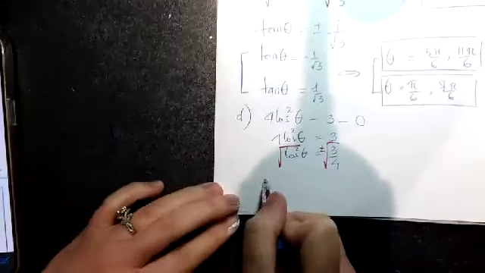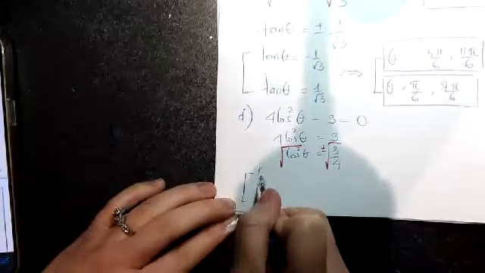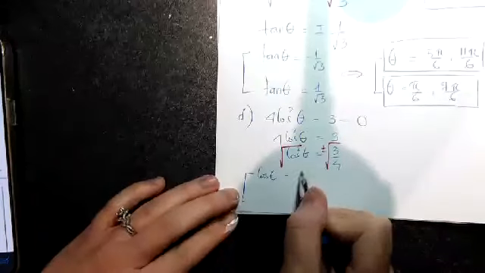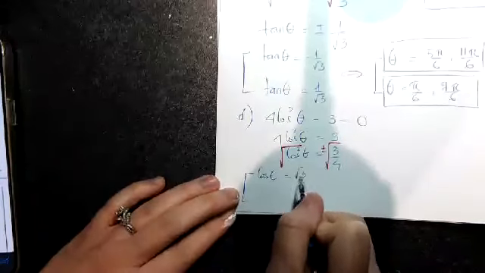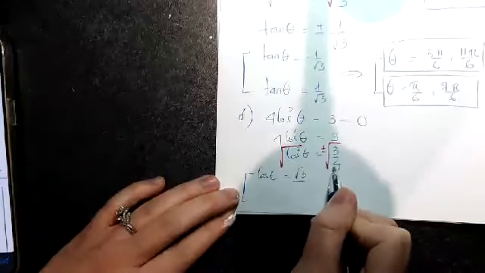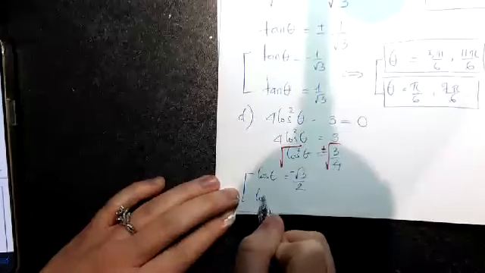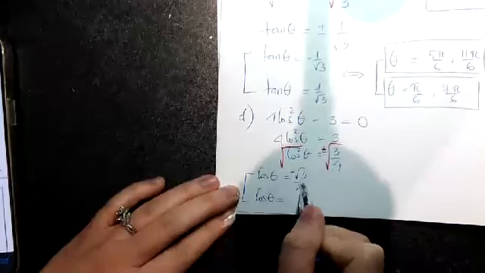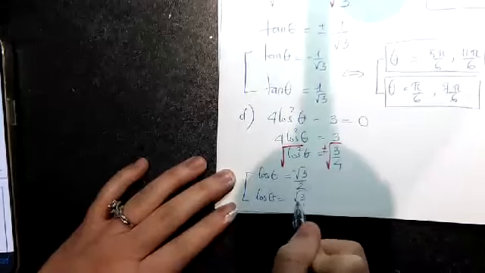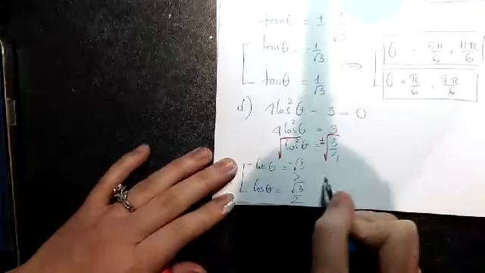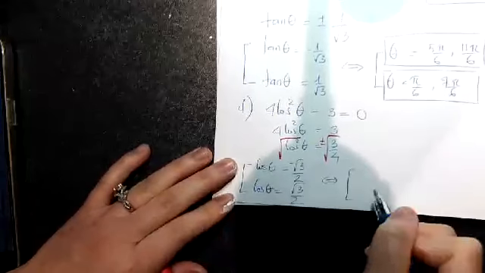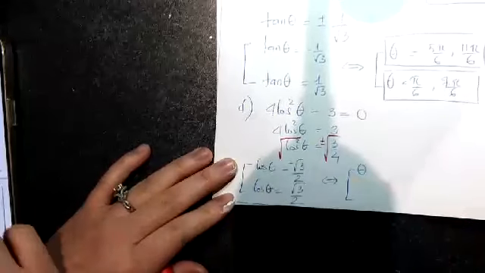So I have two scenarios again. I got cosine equal to positive √3 over 2 and negative √3 over 2. Let's do negative first. Cosine theta equals negative √3 over 2, and then cosine theta equals positive √3 over 2. And you look at the circle.